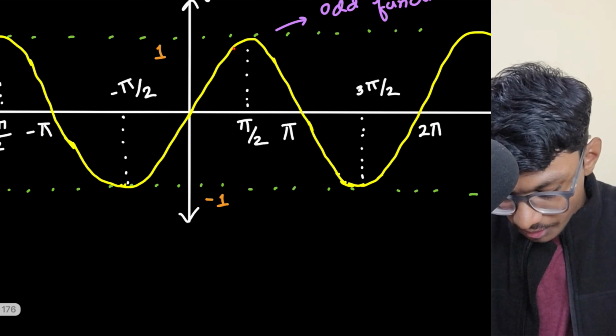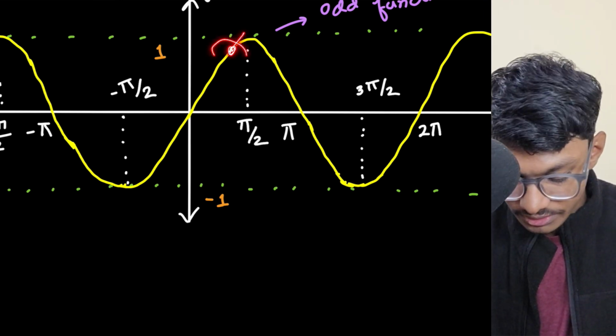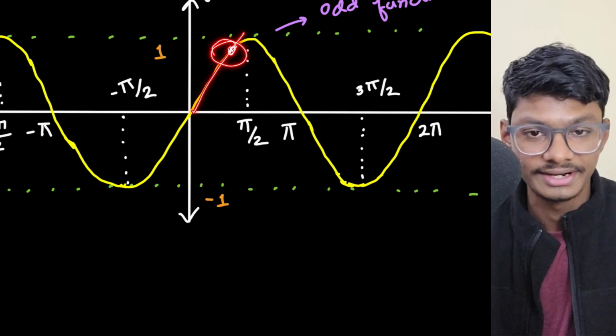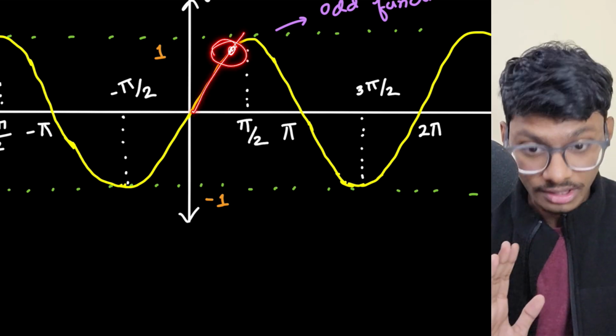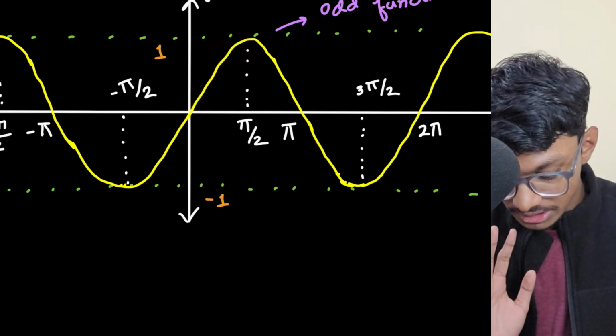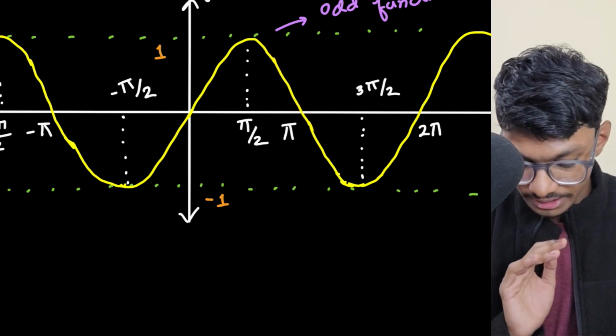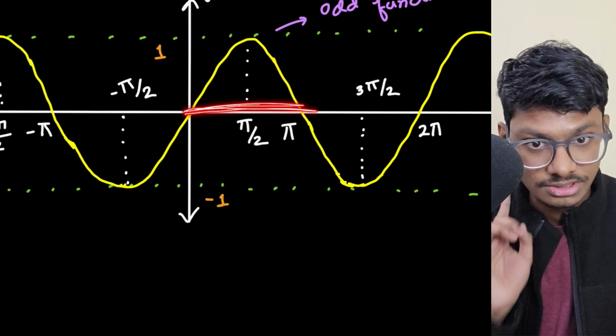At this point, what is the greatest integer function? This is something lower than 1, so obviously my greatest integer function is very brutal. It will directly drop it to 0. This is also something less than 1, so it drops to 0. In this whole region it will be 0 only.